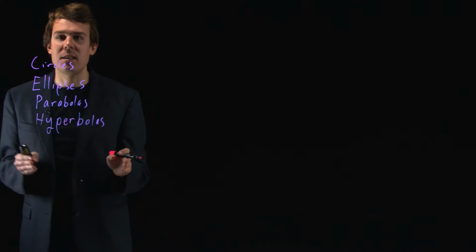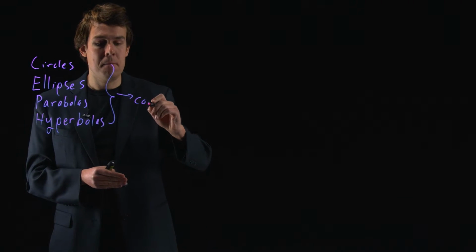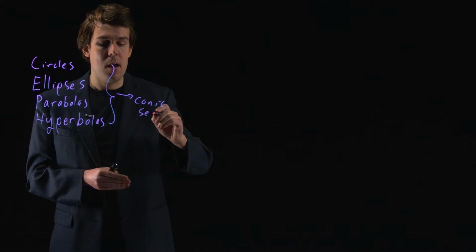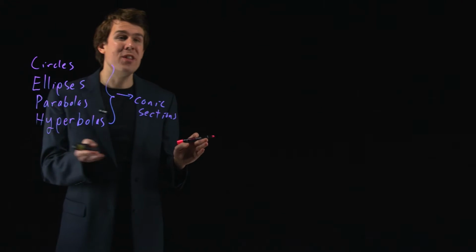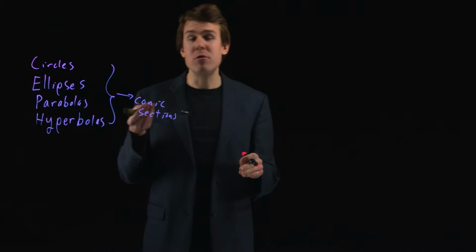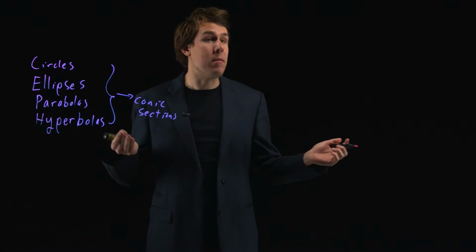So how are these concepts related? Well, they're all examples of conic sections. What is a conic section? Well, the idea is that all of these two-dimensional objects can be derived from the same three-dimensional object.